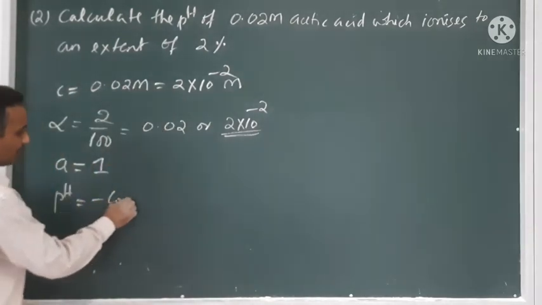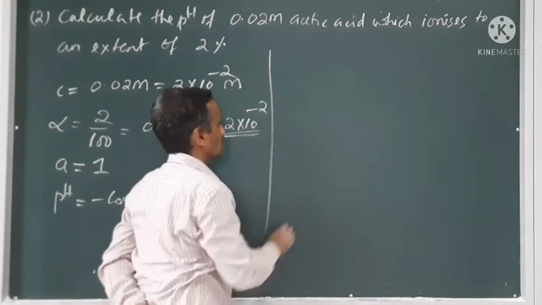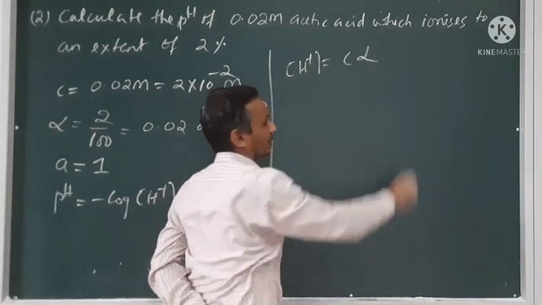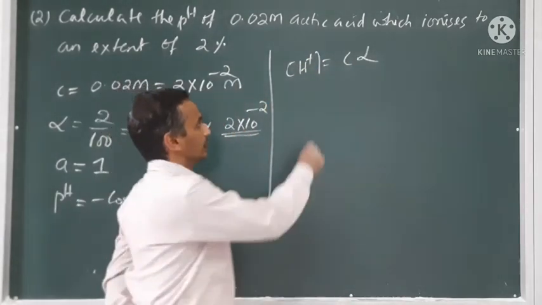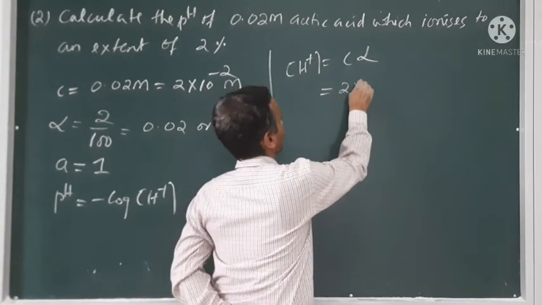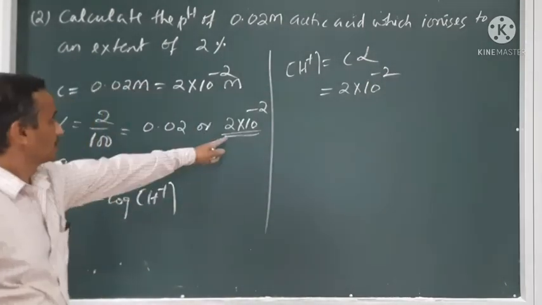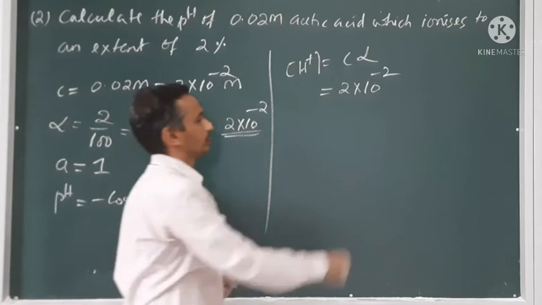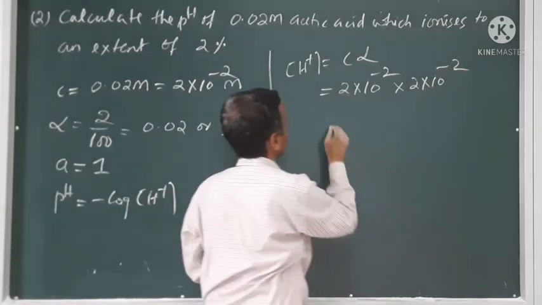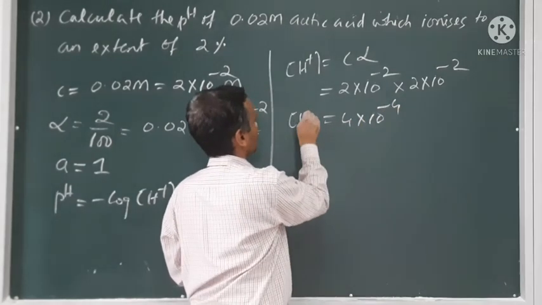pH is equal to negative logarithm of H plus concentration. H plus concentration is equal to C alpha. And C is 2 into 10 to the power minus 2. Alpha is again 2 into 10 to the power minus 2. So it is 4 into 10 to the power minus 4. That is H plus concentration.